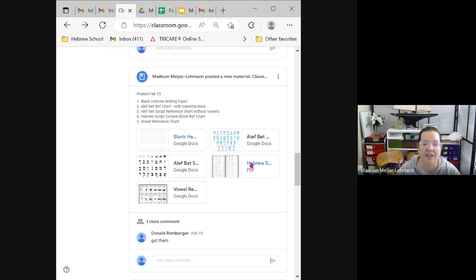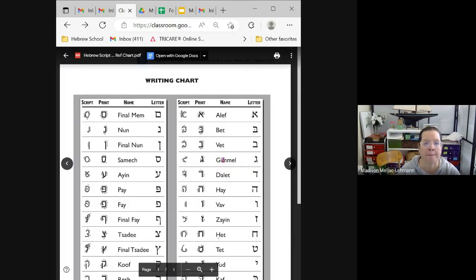Okay. This one right here is called Hebrew Script Cursive Block Reference Chart. And this one is probably one of the most helpful charts. So this may be one that you want to print out if you're going to start a binder and put your writing together with the drills, the speed drills to practice during the week. If you're a printing person, like I am, I try to print some of the references I'll use over.